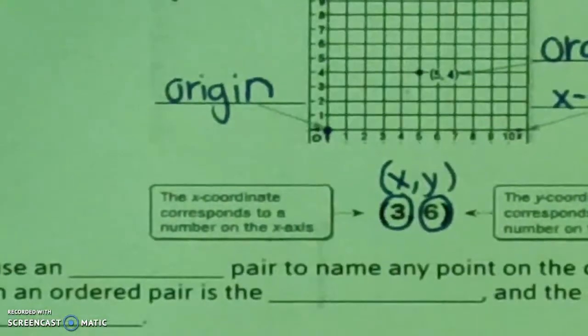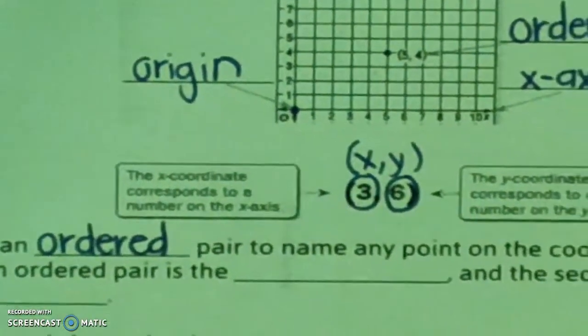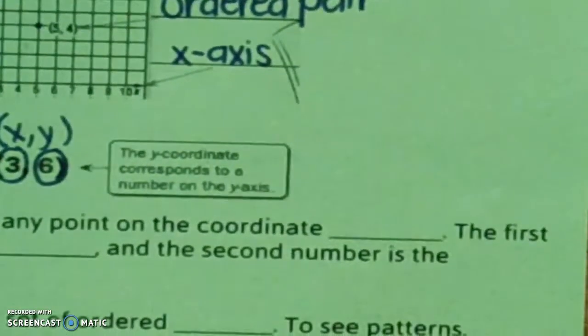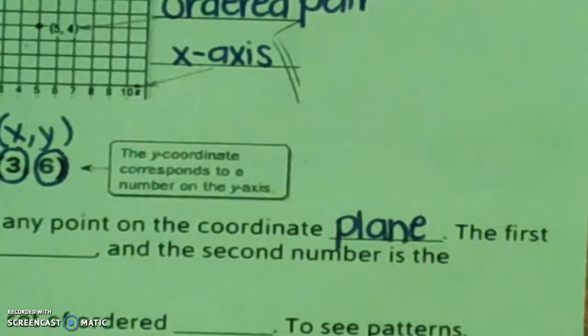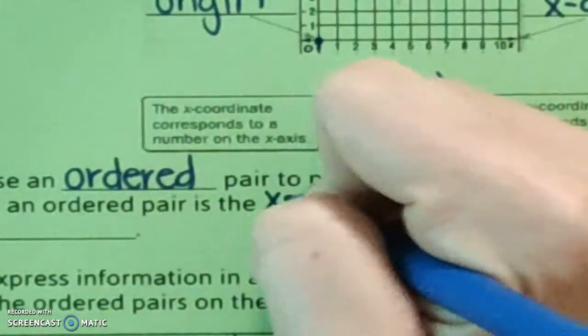You can use an ordered pair to name any point on the coordinate plane. The first number in an ordered pair is the x coordinate, just like we discussed.